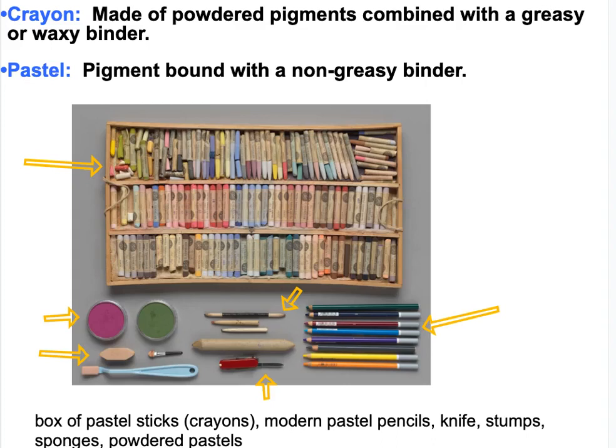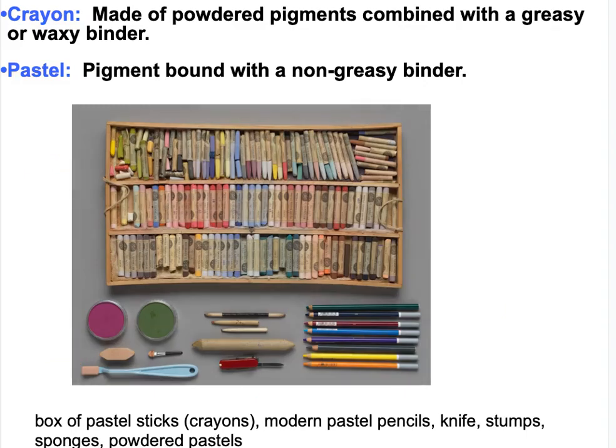So the big thing here with this media is you've got color, don't you? The other ones we've talked about so far were pretty much just grays, black, more tonal, and now we're introducing some color. So these pastels kind of blur the line between drawing and painting, and when I show you the example, you'll see what I mean.